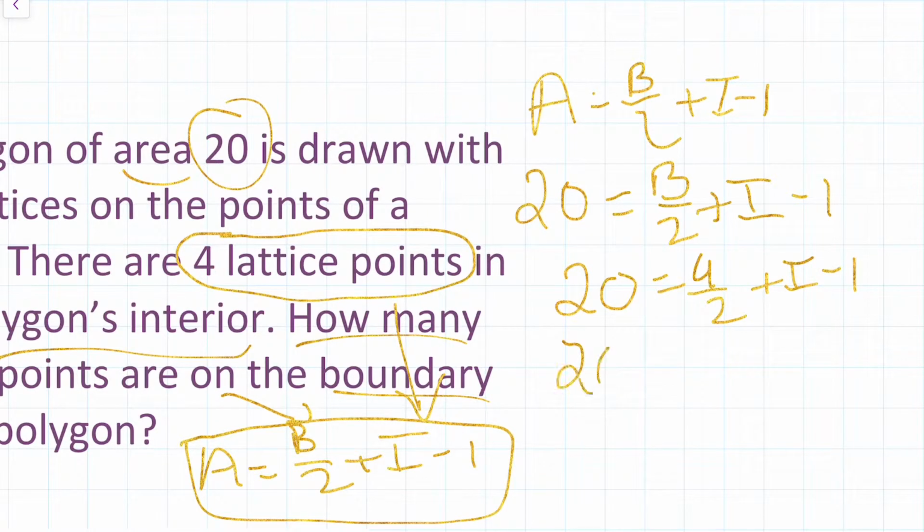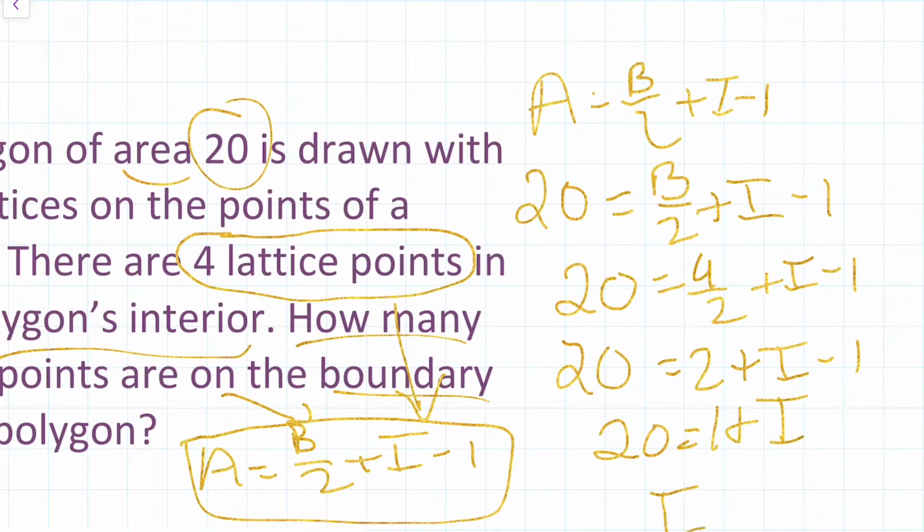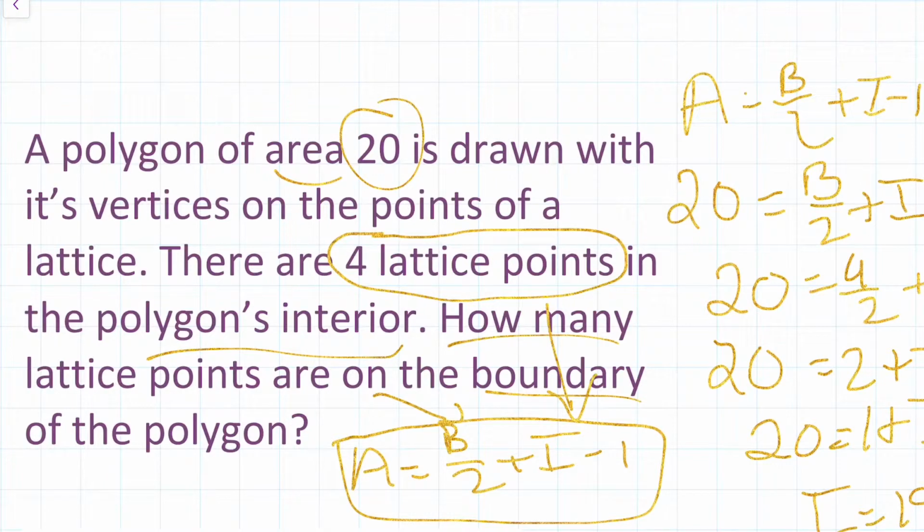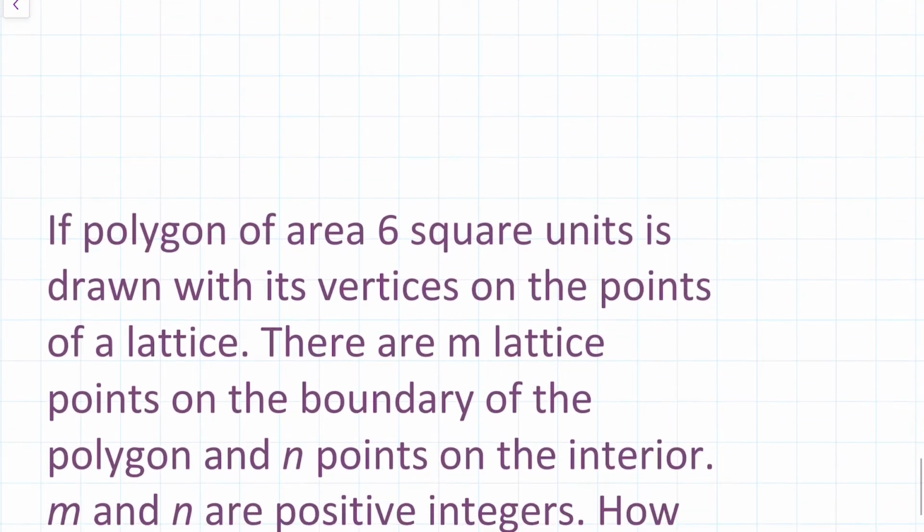And simplifying, we can easily find that the number of boundary points is 19. So let's move on to the next problem.